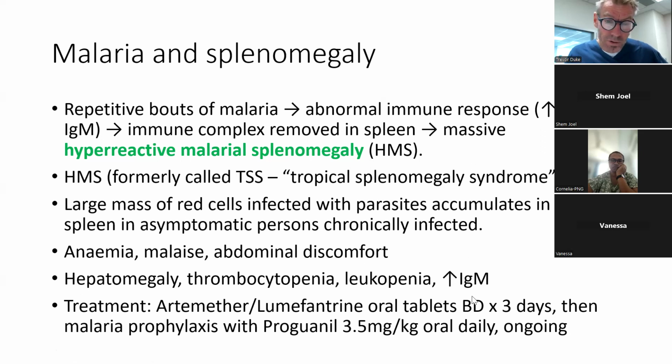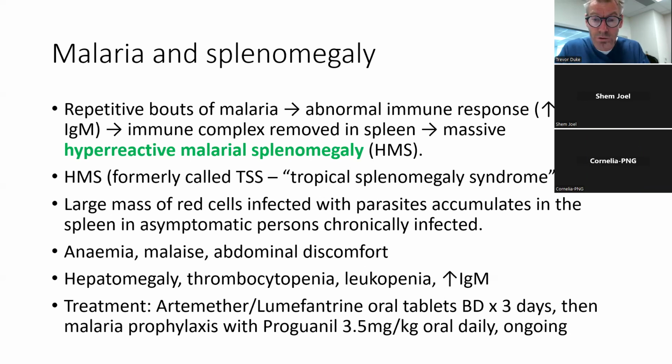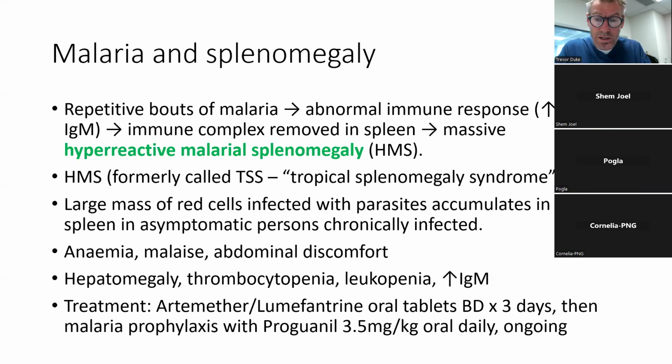The treatment of tropical splenomegaly syndrome is, first of all, treat the malaria, and that requires artemether-lumefantrine, the standard treatment for malaria, and then malaria prophylaxis. What's recommended at the moment is proguanil, simply because of the resistance to chloroquine, and proguanil would be a more favorable drug usually to be given on an ongoing basis.